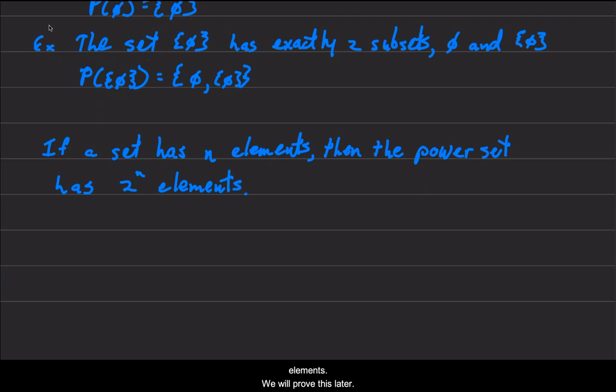Okay, and we'll actually prove this later on. This little trick can be very helpful, though, just to make sure that when you're listing out the power set that you are hitting all of the sets and you're not missing any. And that concludes this section.